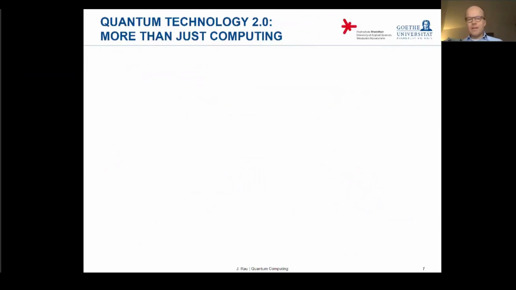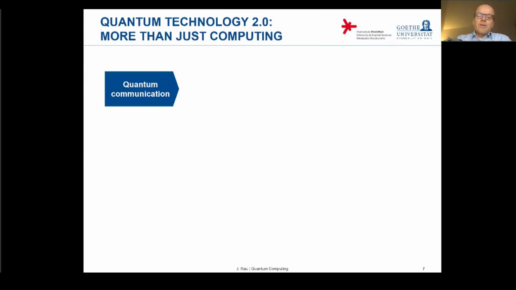Now, I should emphasize that this is not just about computing. There's a whole range of technologies that are now being developed, and quantum computing is just one of them. There's another field which is, of course, closely related, and which we will also discuss in this course, and that's the field of quantum communication.